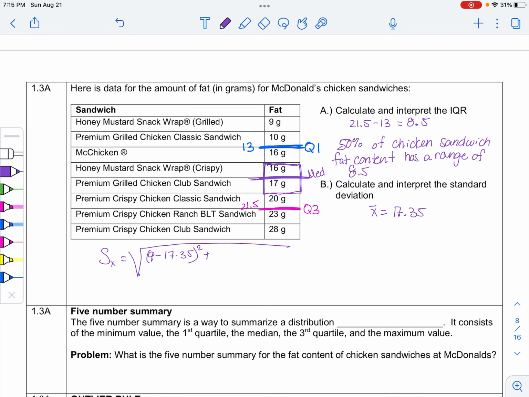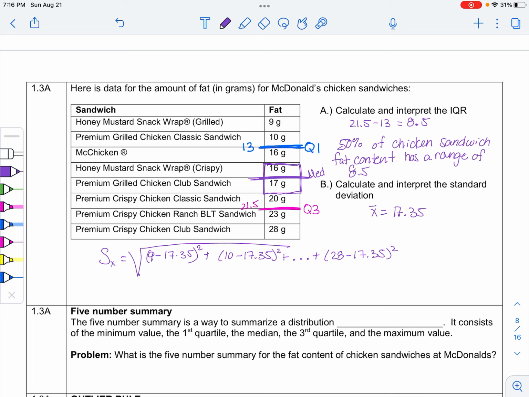Add it on to the next data point. So 10 minus 17.35, square that. And again, it's okay if you don't show all of it, but you do need to show the first couple and the last. So we would end that with 28 minus that 17.35 squared.